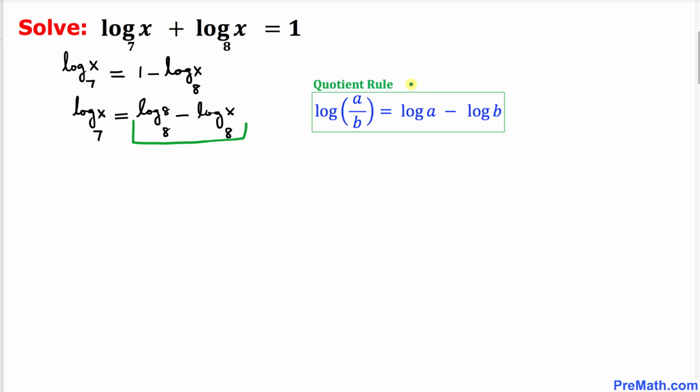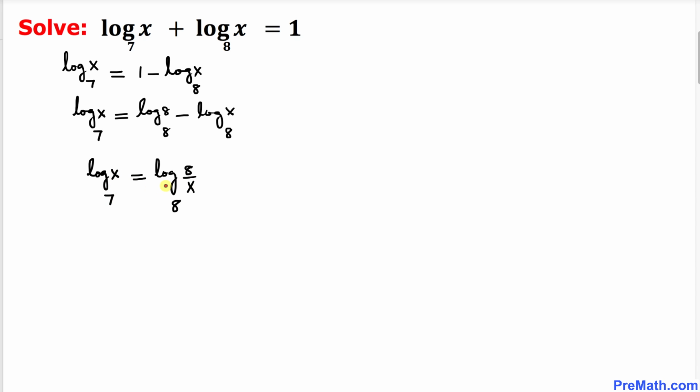Here on the right hand side we have the difference of two logs with the same base, so we are going to use the quotient rule. Using this rule, the right hand side becomes log of 8 divided by x with the base 8, and the left hand side stays the same, log of x with the base 7. Here we have two logs that are equal.